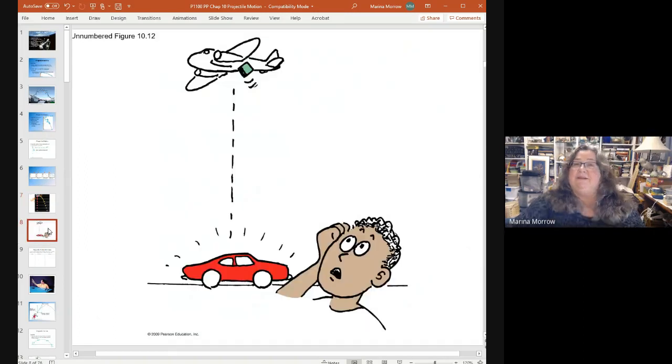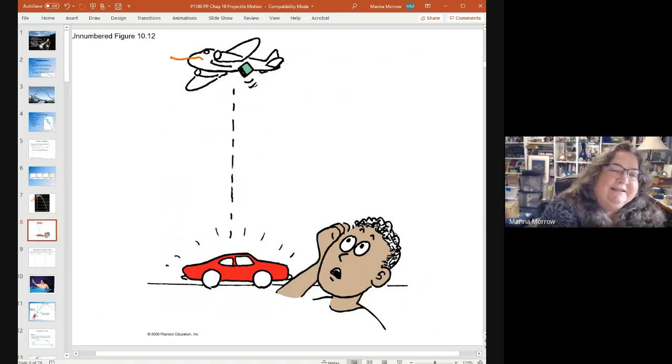Now, you're going to be able to solve problems like this. Here we have an express package plane, and it accidentally drops the package right over your car. Is it going to hit your car? No. Why? Because let's say the plane has a velocity of 200 miles per hour.